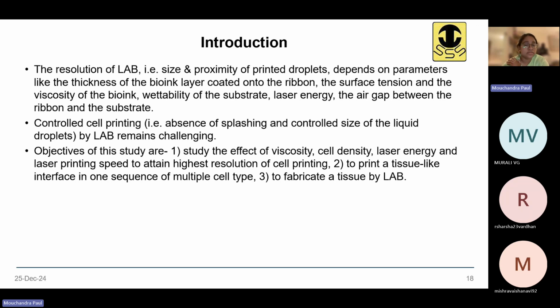So they are basically studying the effect of various key parameters on the resolution of the printed structure that you get using this technique. Then they have also shown that it is possible to print multiple cell types, and they have also printed a tissue-like structure using this technique.